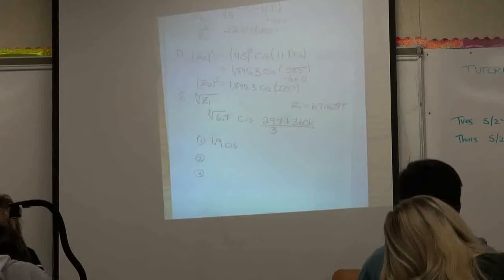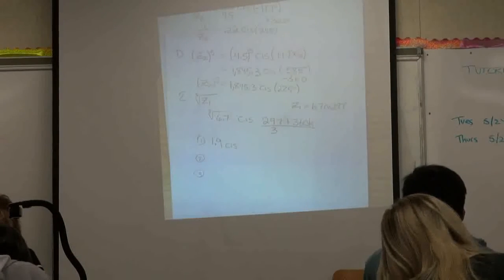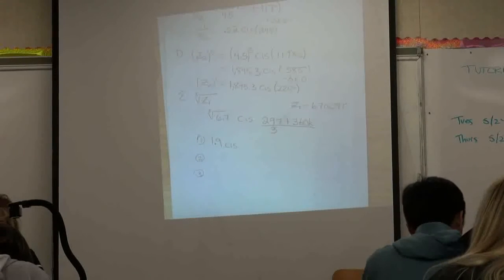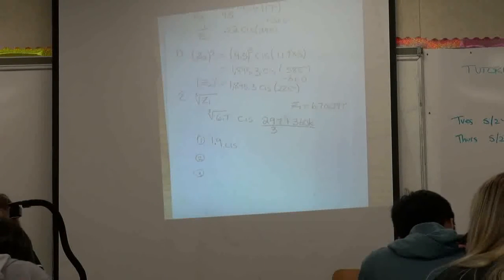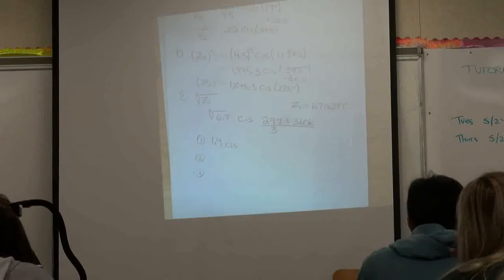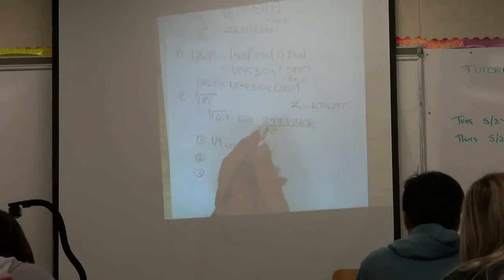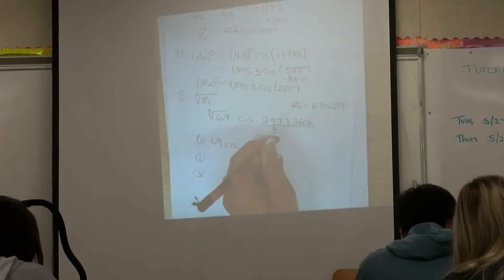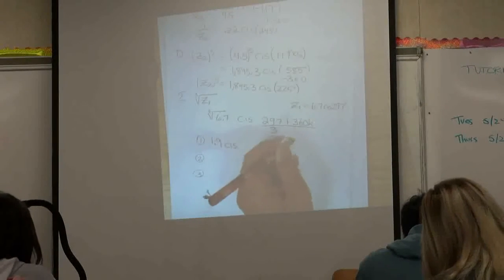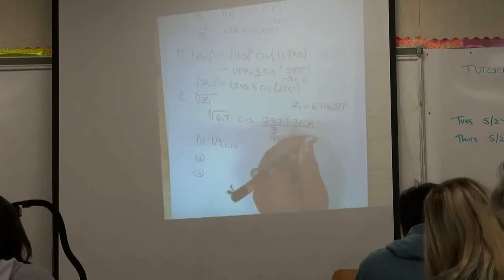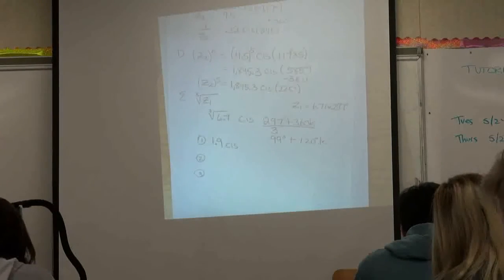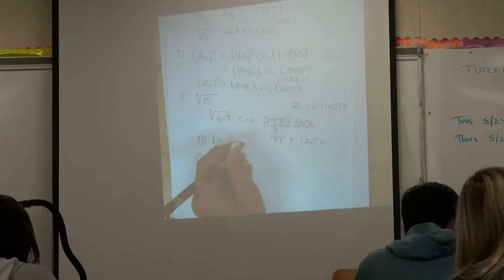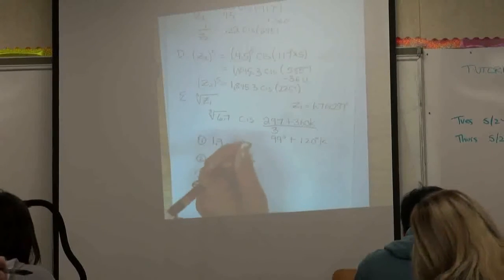How do we know that 297 divides by 3? You add up the digits. What's the sum of the digits? 18. What else does it divide by? 9. That's right. What is 297 divided by 3? 99. So this is 99 plus 120k. So our first answer is 1.9 cis 99.